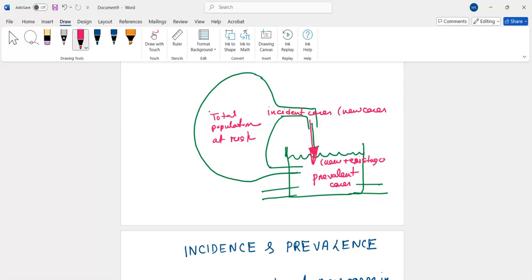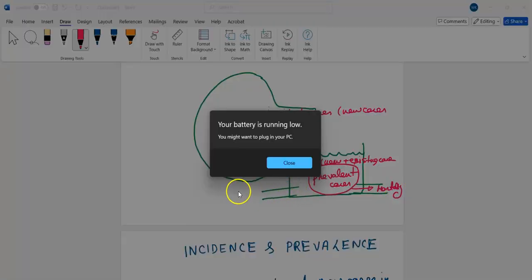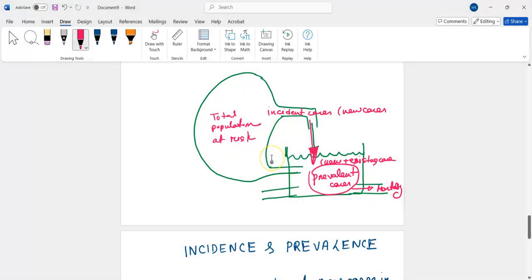From these cases, the number of prevalent cases can only be reduced when somebody dies, mortality, or somebody recovers.